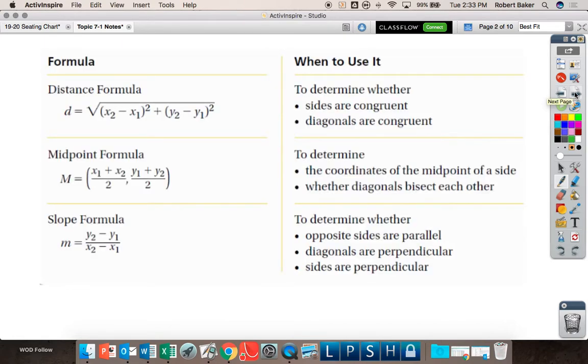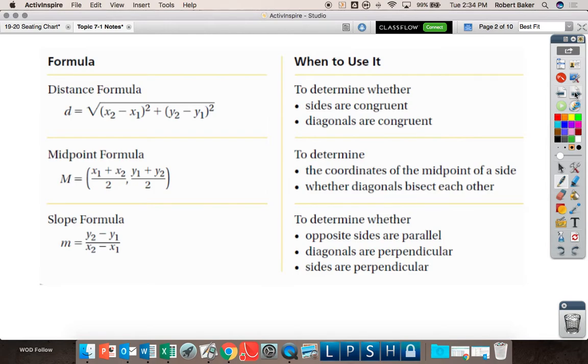So, things that you will use: the distance formula, which is in your notes so you can refer back to it. The midpoint formula, like, why would we ever use the midpoint formula? So how would using the midpoint help determine something is a rectangle?